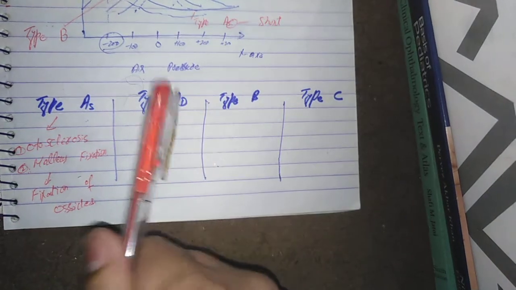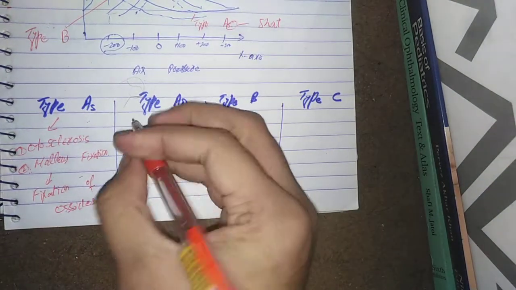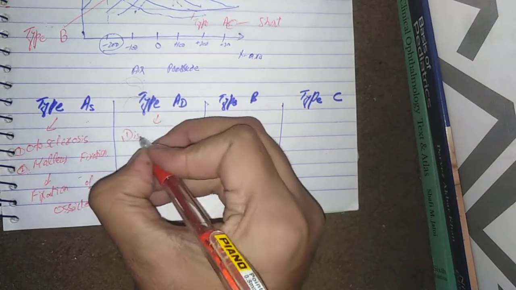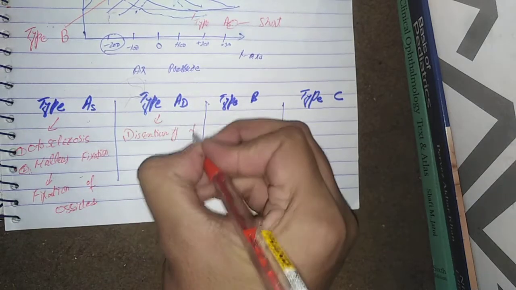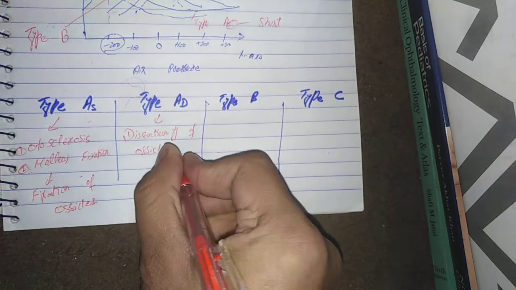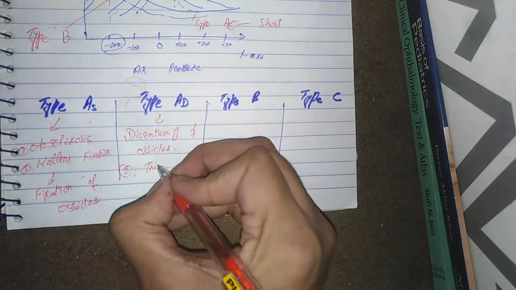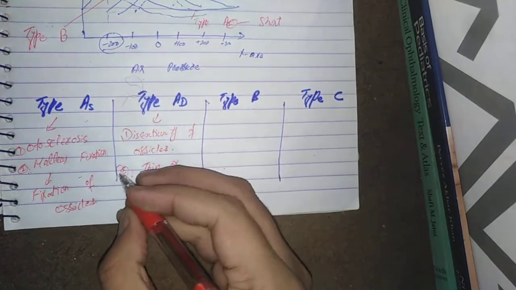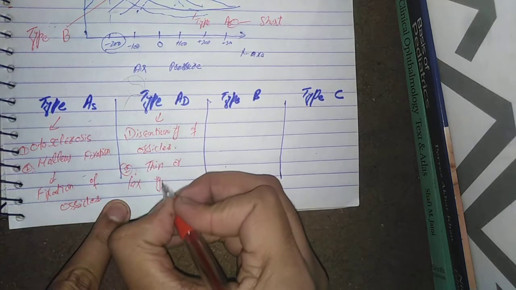Type AD. This type of tympanogram is shown when there is discontinuity of ossicles, and thin or lax tympanic membrane.